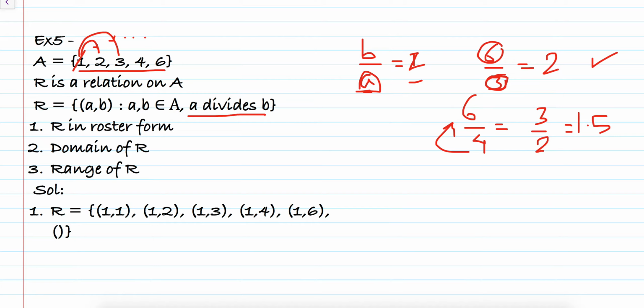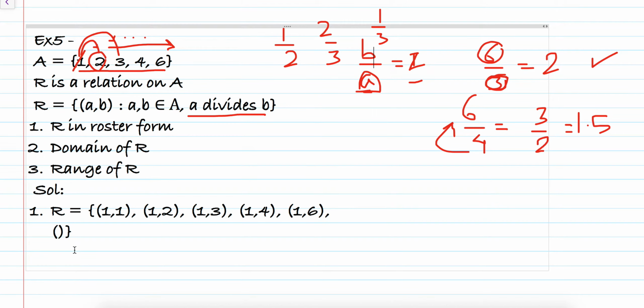Once we have paired 1 with every other number, we don't need to come back to 1 again. If the first element is 2, we will only look in this forward direction, because 2 does not divide 1. Similarly, 3 will not divide 2 or 1. So we have to look only in this direction.